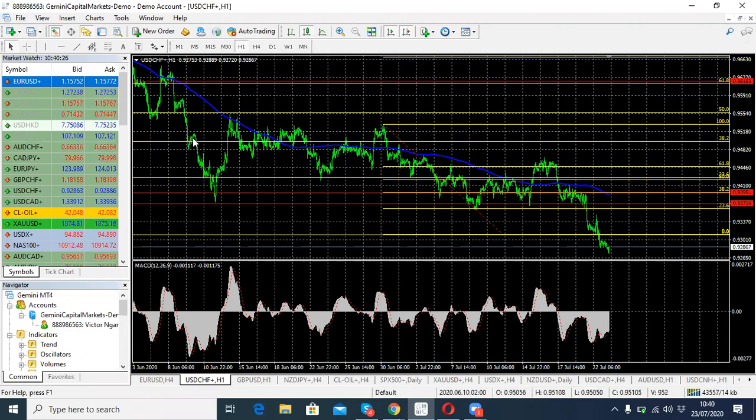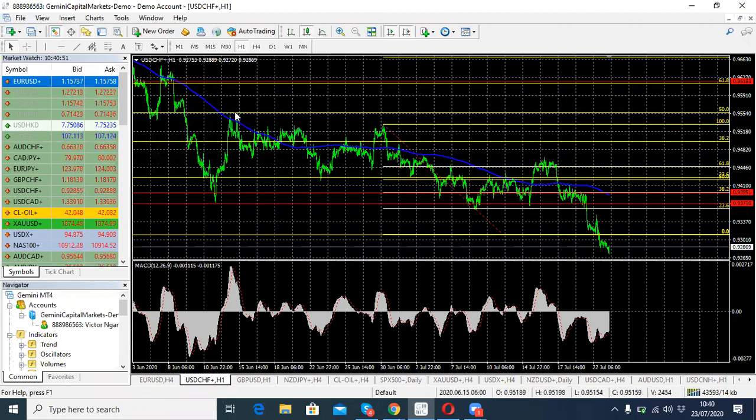Then from 38, there was a retracement, then the price fell all the way to around 23. Then it retraced back again to 50. So 50 here was holding a lot of weight, because on the downside it was acting as our support, but now here it was acting as our resistance.